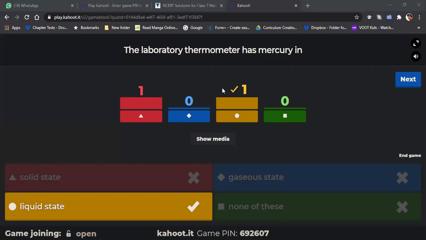How many of you are unable to log in? Just enter the game pin, no? Mansa is in the game. Most of you are in the game. Okay, those who logged out, just use the same game pin, 692607. Okay.